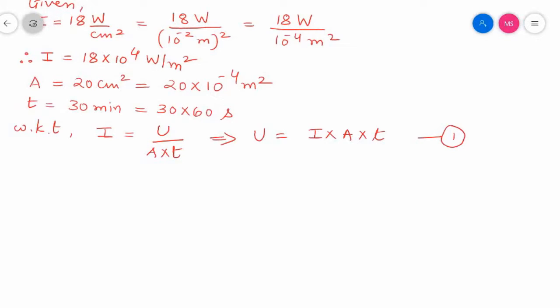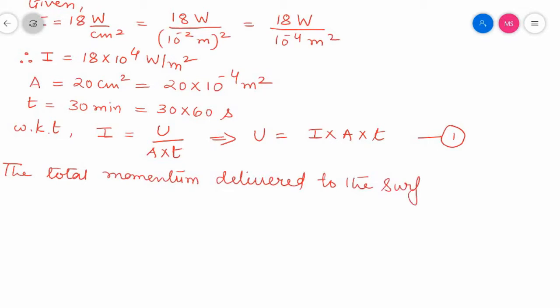Now the total momentum delivered to the surface is P is equal to U by C. Let us substitute value of U from equation 1 in this equation.